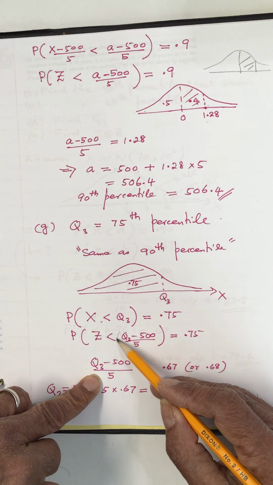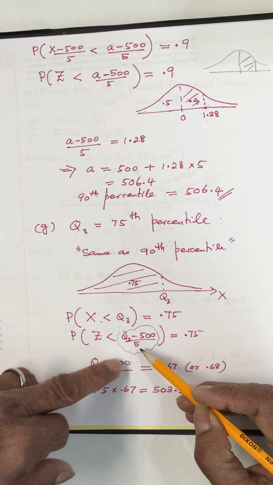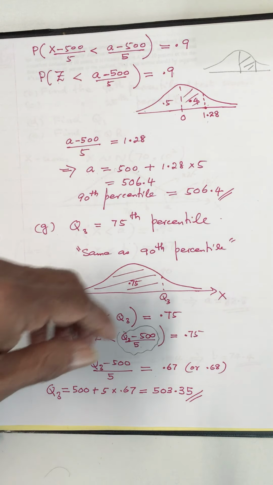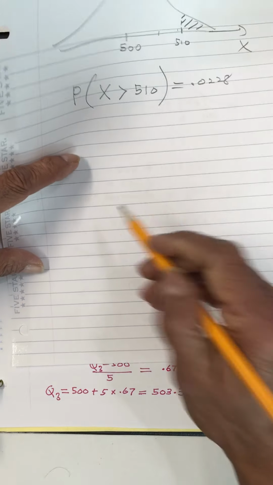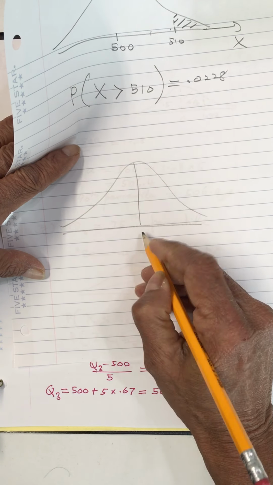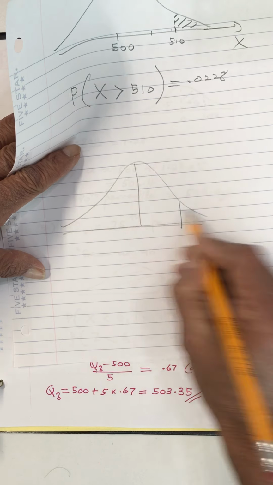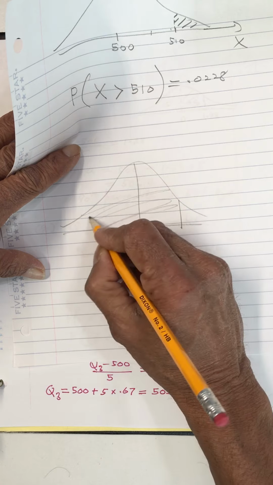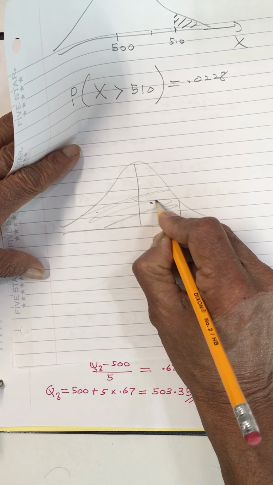You need to get this value from the z table. When you look at the z table, you're looking at the area from here to here, all the way. This part is 0.75, this is 0.5, so this has got to be 0.25.